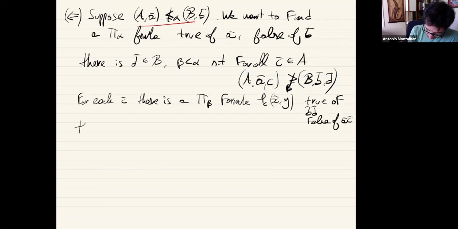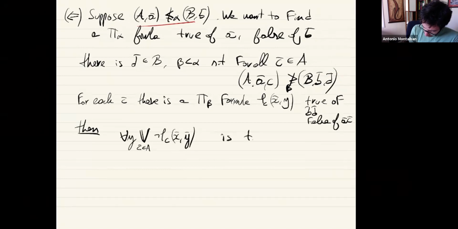So then what do we get? We consider the correct formula here: for every y there exists a C in A such that this formula phi C is false. This is true of A. Why?